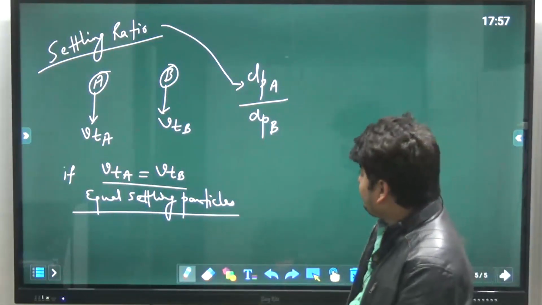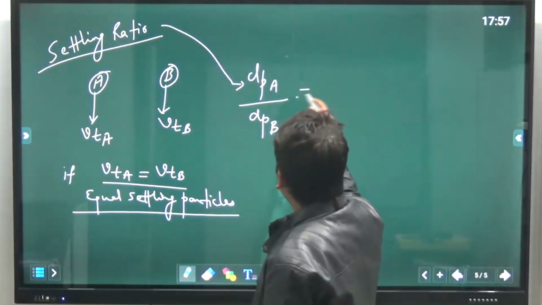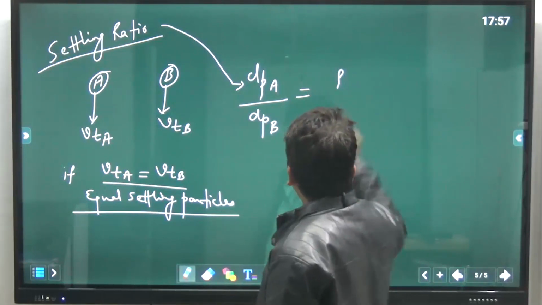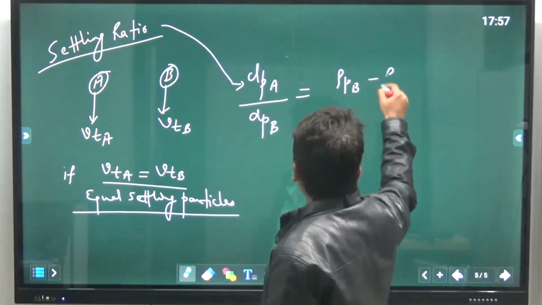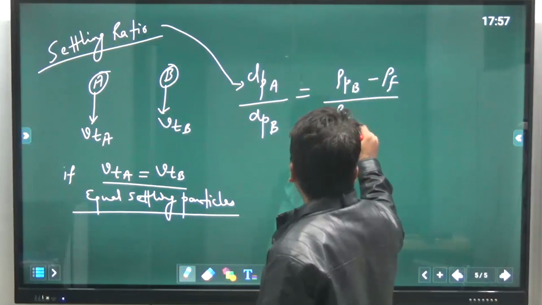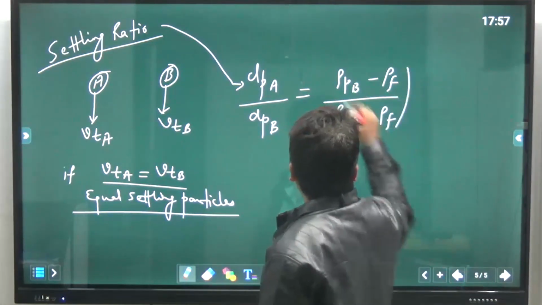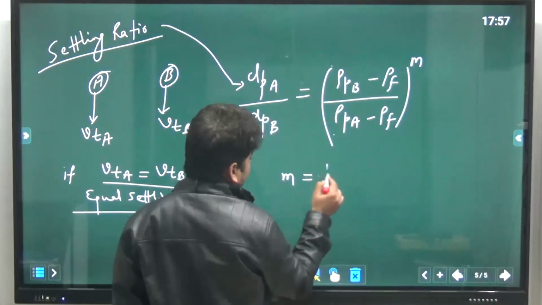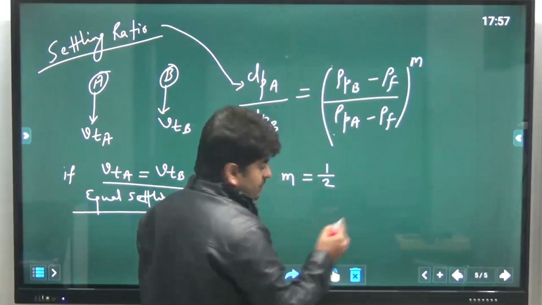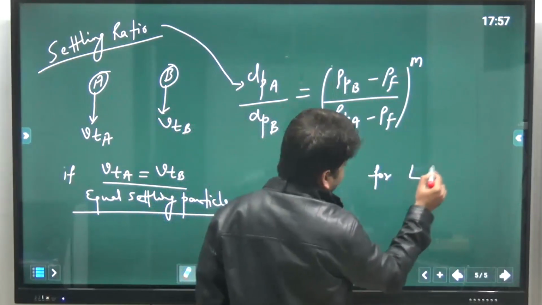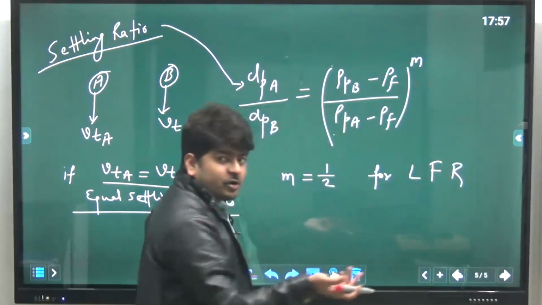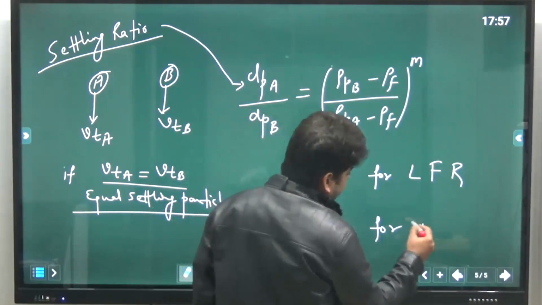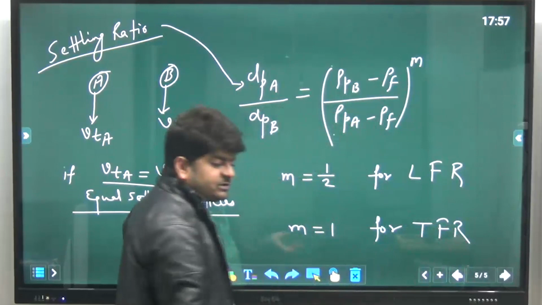Now in general I am writing dPA by dPB is equal to (rho pb minus rho f over rho pa minus rho f) power m, where m is equal to 1/2 for the laminar flow regime, or you can say Stokes flow regime, and m is equal to 1 for the turbulent flow regime, or you can say Newton's law regime.